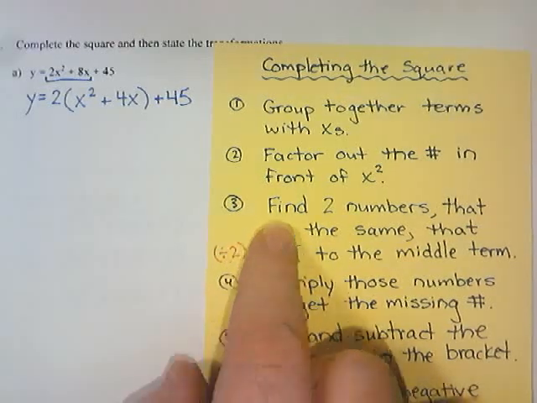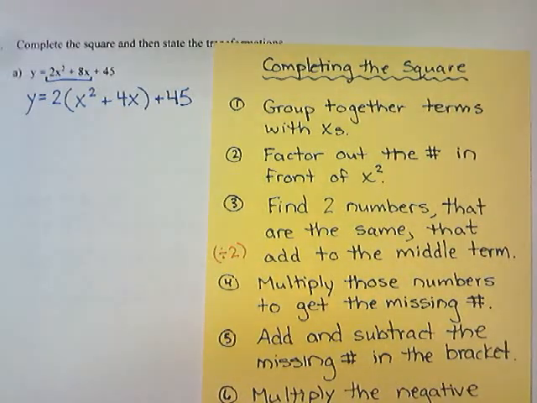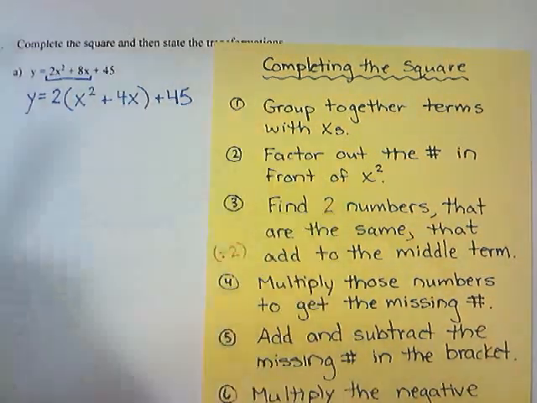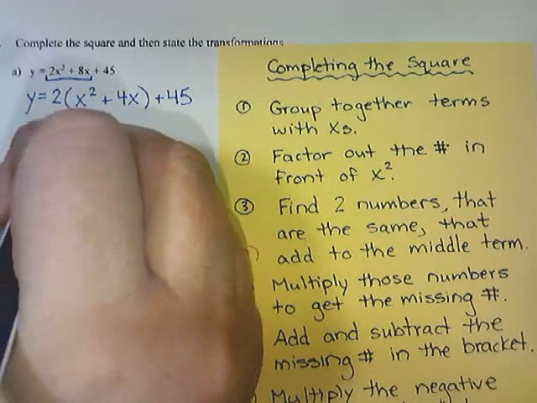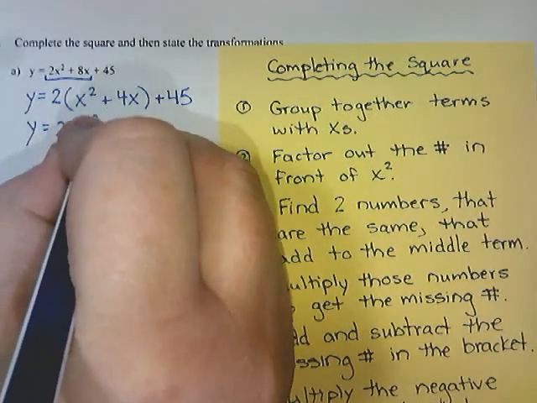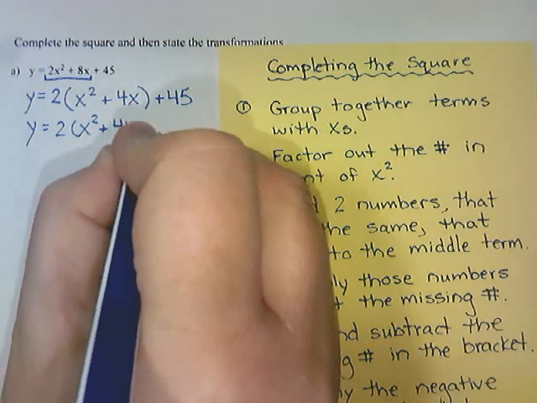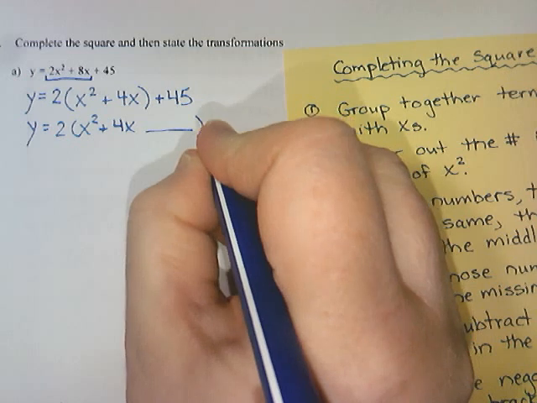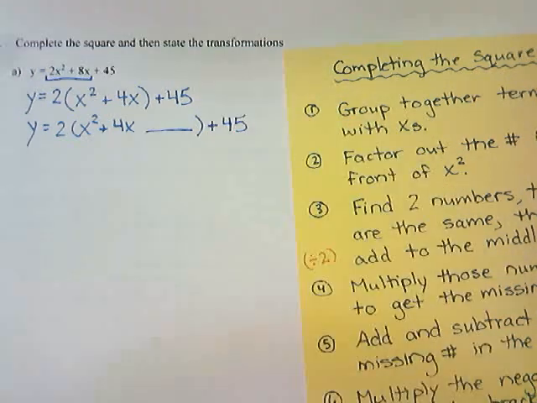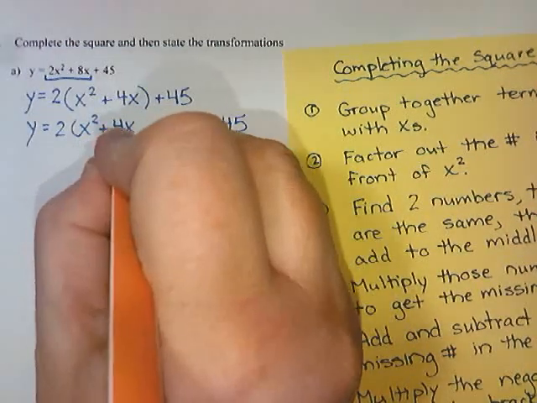Then it says find two numbers that are the same that add to the middle term. So what we want to do here is try to see, I have y equals 2 times x squared plus 4x. I am missing a term, right? I would like to have 3 terms in order to be able to factor. So we're going to find that by taking our middle term, which is the 4x.